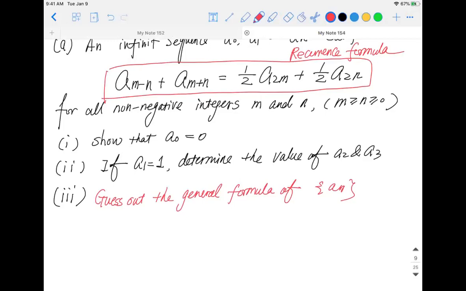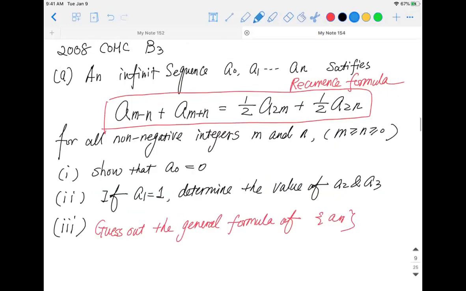Let's focus on this one. Show that A0 equals 0. How to make sure A0 equals 0? I have to find A0 first, right? I have to construct A0 first. Well, the question gives you all those subscripts, m and n, and they're totally not 0. So how can I construct 0?